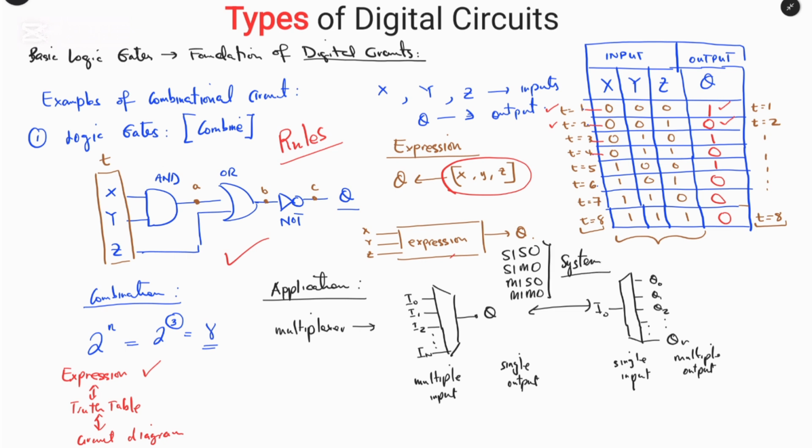In some of the examples, you will come across a combinational circuit that has multiple inputs and multiple outputs, or multiple inputs and a single output. We can see from the example such as a multiplexer, or the demultiplexer. So a demultiplexer can be a single input, multiple output, and a multiplexer can be multiple input, single output.